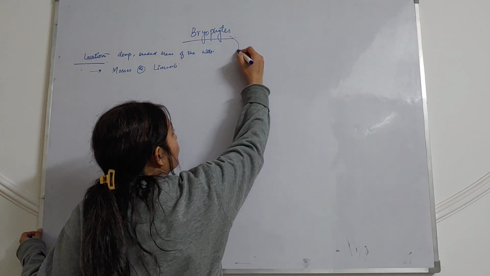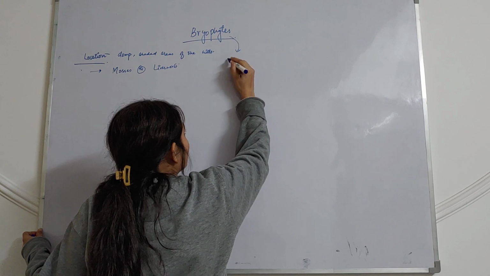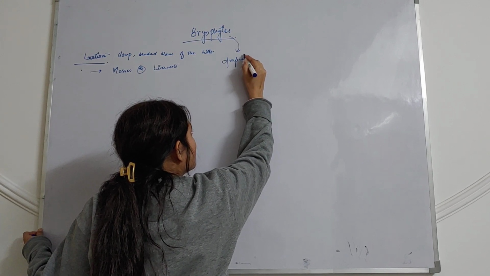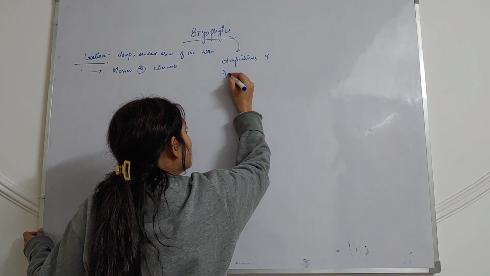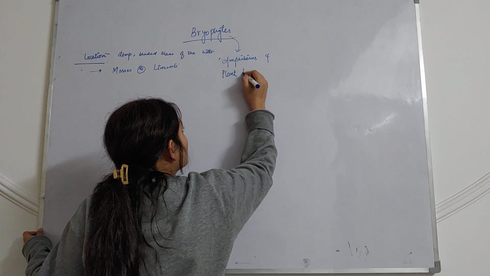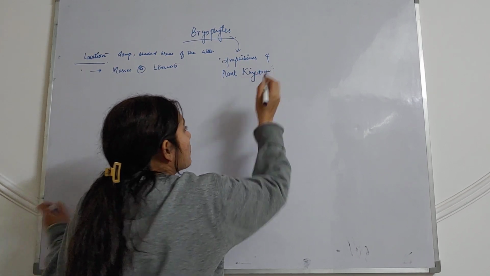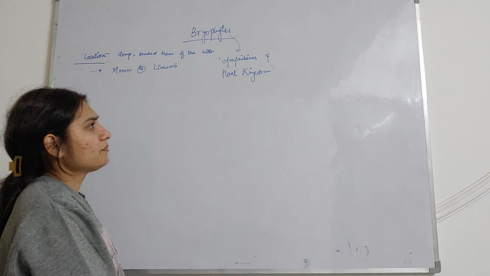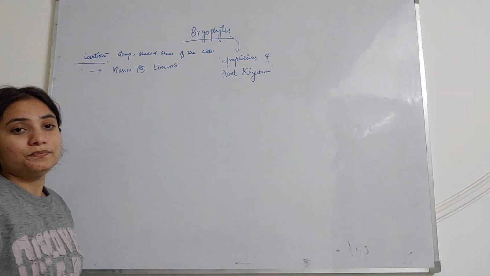Bryophytes are also known as amphibians of plant kingdom. Why they are called so? Can anyone guess why they are called amphibians of plant kingdom?